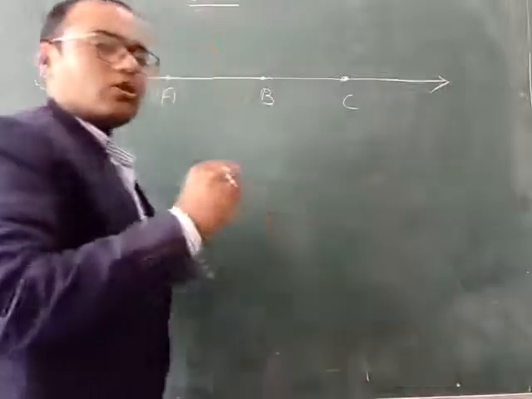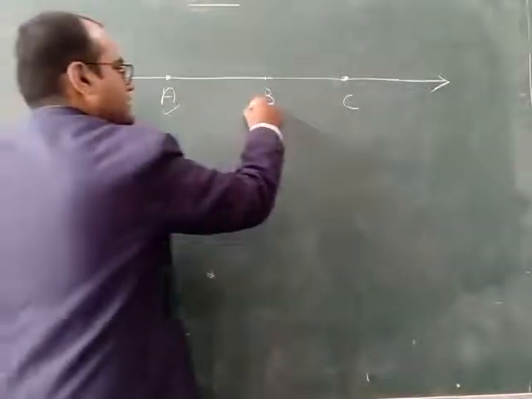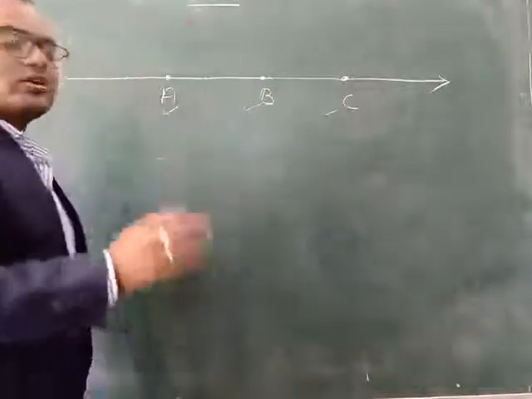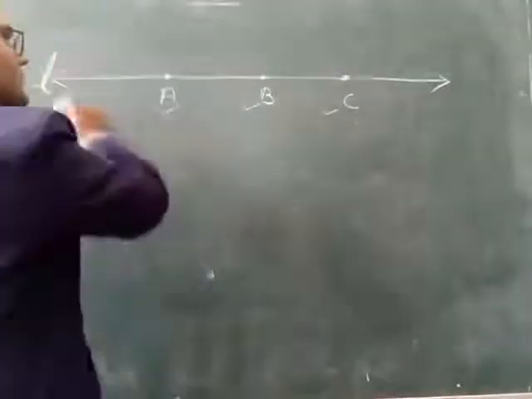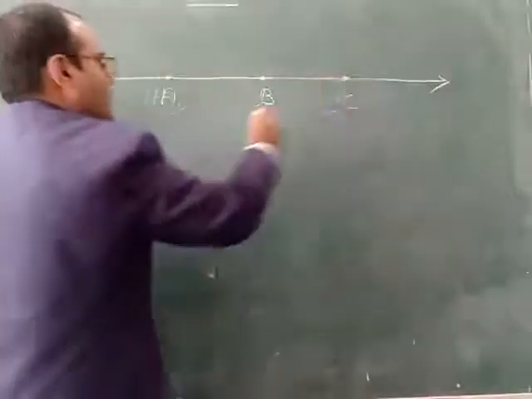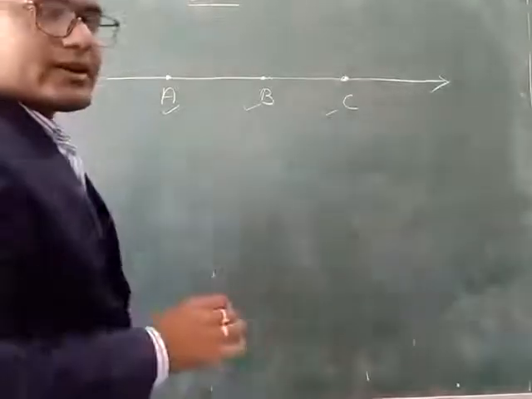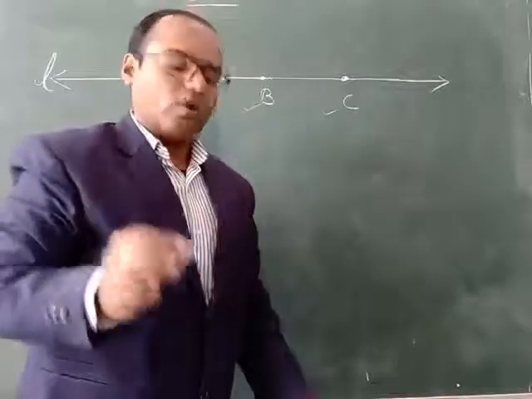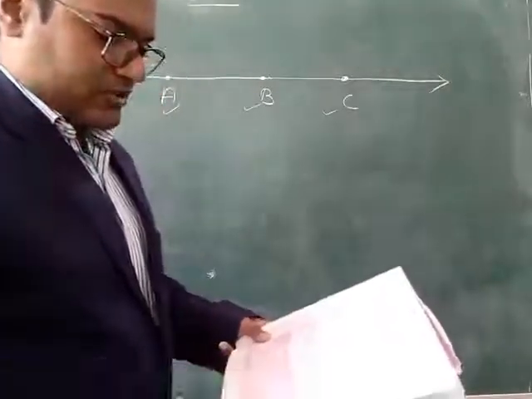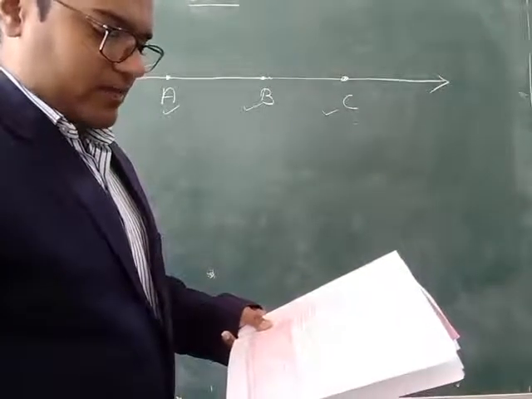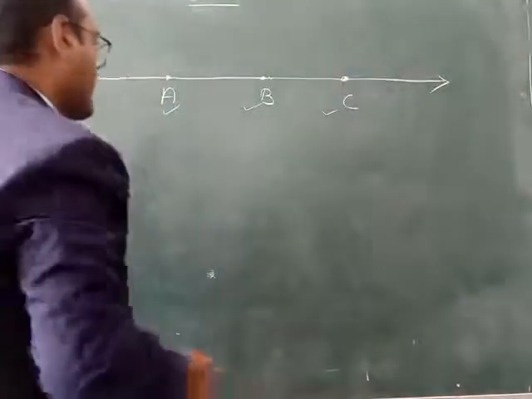Then what will we call these points A, B and C? This is the question. Such points which are coming on the same line are known as collinear points. So the question is, we have to write what these points A, B and C are called. So what you have to write?